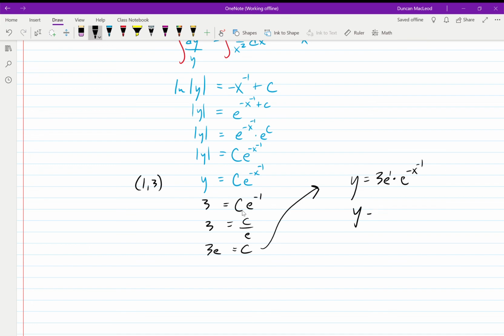So I can put those together. Because they're like bases, I can add their powers. So I'm going to have e to the negative x to the negative 1 plus 1. And then that would be my particular solution that went through the point 1, 3. Hope that helps.